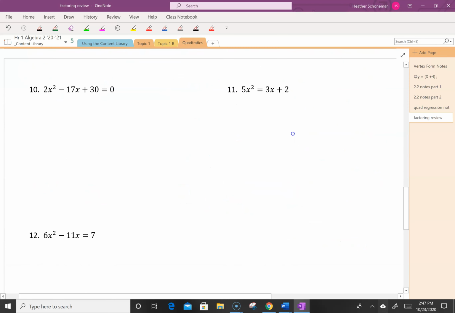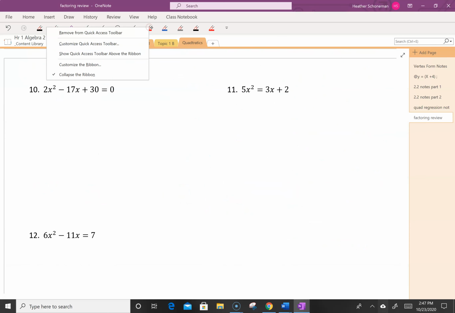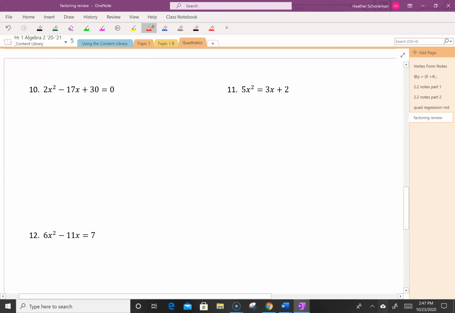All right, a few more. On this one, it's already set equal to 0, but unfortunately there's no greatest common factor. So to solve these, we're going to split the middle term. To split the middle term, I'm going to take the first number times the last. So 2 times 30 is 60.